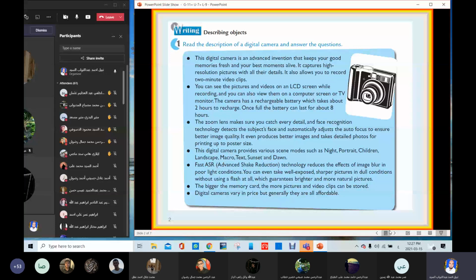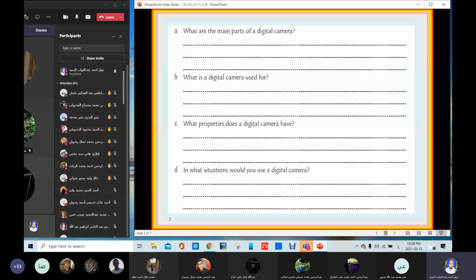The first question. Muhammad Tamir, what are the main parts of a digital camera? Yes, teacher. Answer the first question, please. What are the main parts of the camera? LCD screen. Yes.